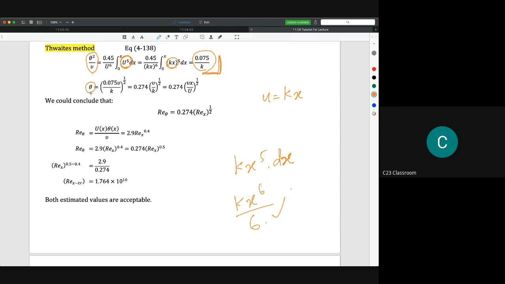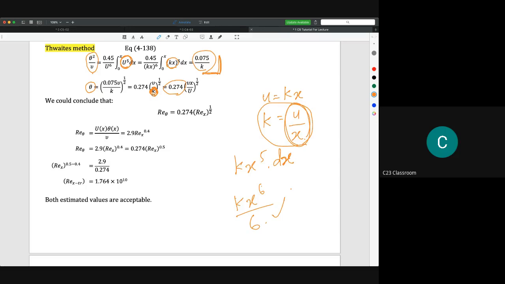To simplify it, I calculate the value of 0.075, so we get 0.274. For this one, I just write back the value of k. You know u is equal to kx, so k is equal to u over x, and this term is substituted in this k.